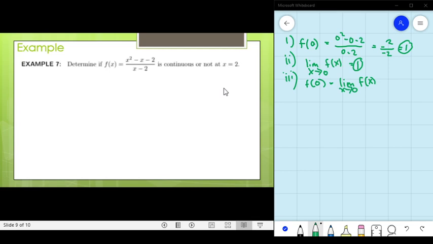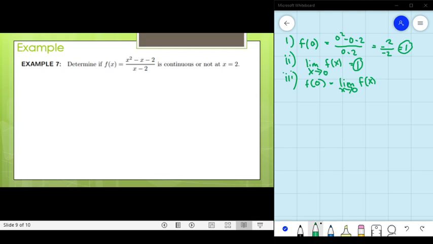Okay, example number 7. We are to determine whether f of x equals x squared minus x minus 2 all over x minus 2 is continuous or not at x equals 2.